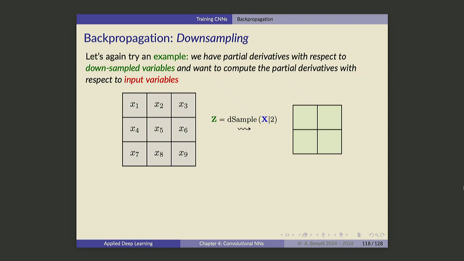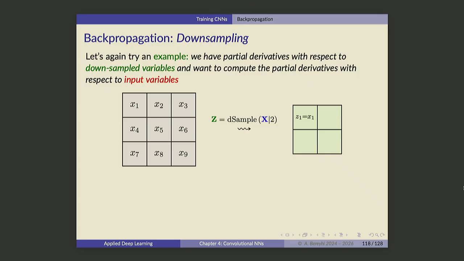Well, we're going to write down the chain rule, obviously. So I have x1, x2, x3, and so on till x9. If I downsample it by factor 2, what's going to happen? What's going to be the map at the output? I'm going to get rid of the second row and column here, right? So the things that are left: z1 is x1, right?